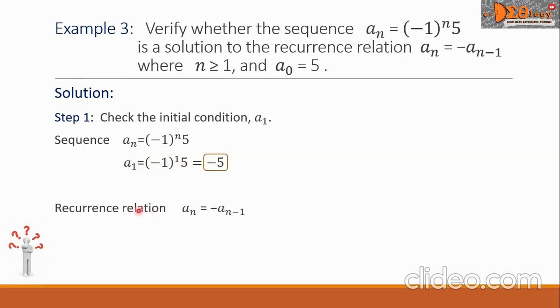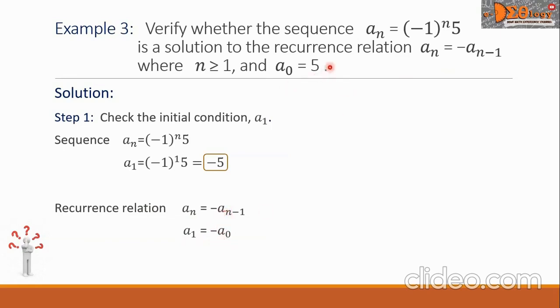Then we go to the recurrence relation formula. A sub n is equal to negative of a sub n minus 1. Let us solve the value for a sub 1. And this is equal to the negative of a sub 0.